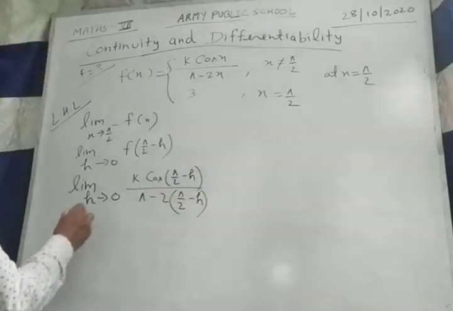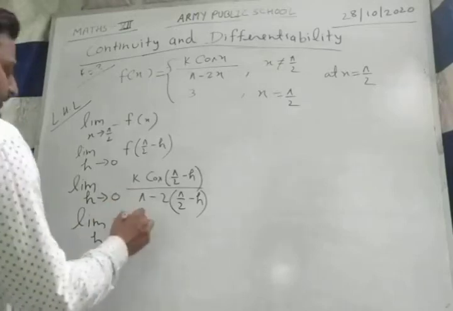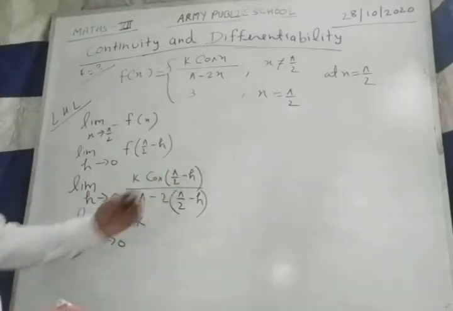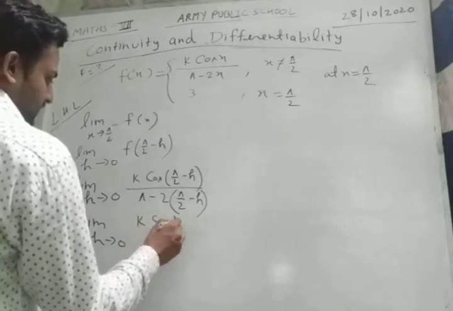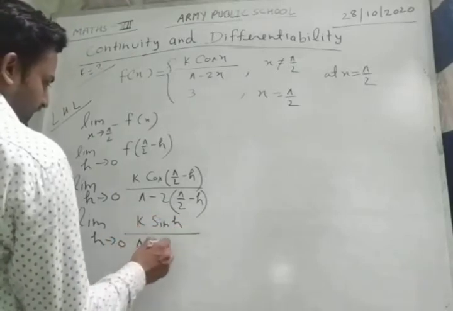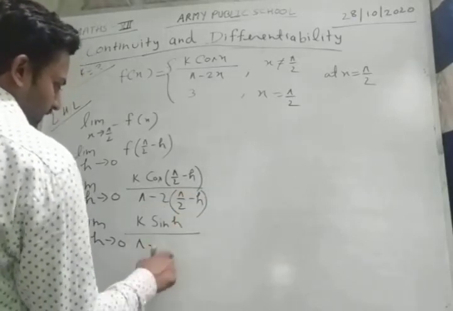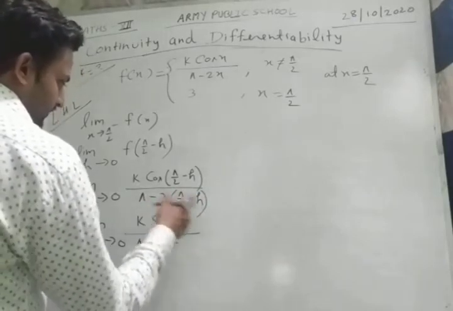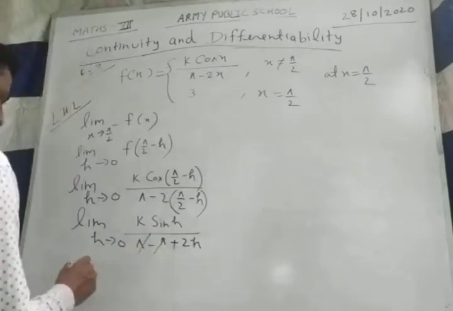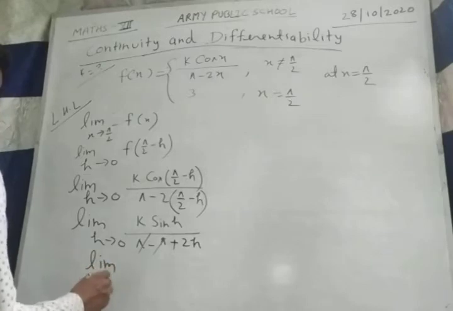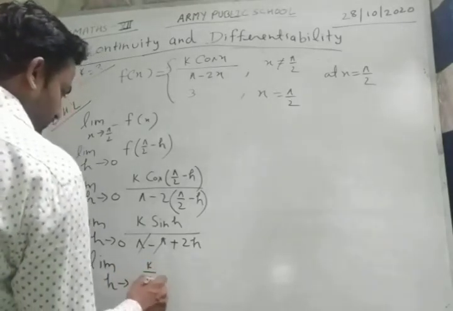Now we write k cos 90 minus theta is sin theta. Pi minus 2 multiplied inside, we get here pi plus 2h. This is cancelled.